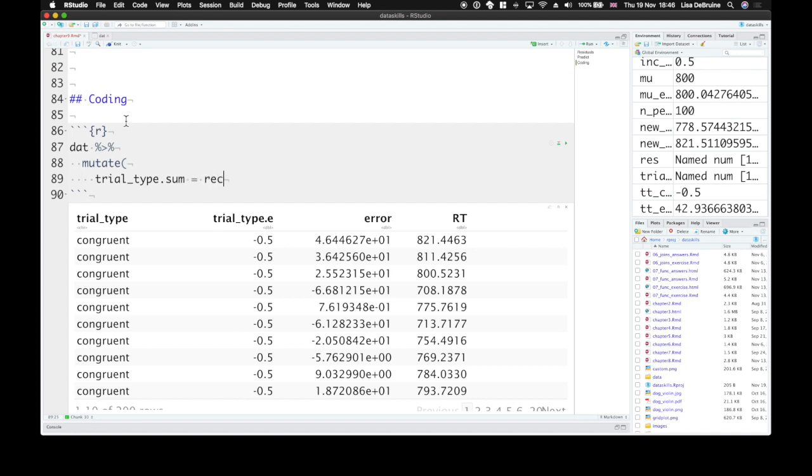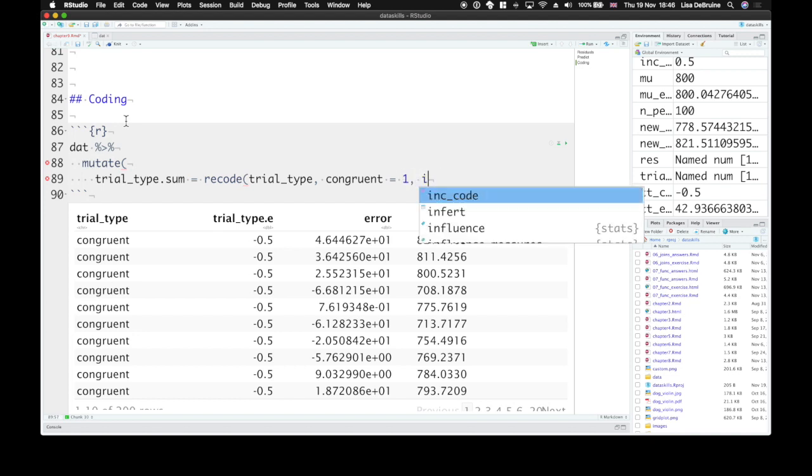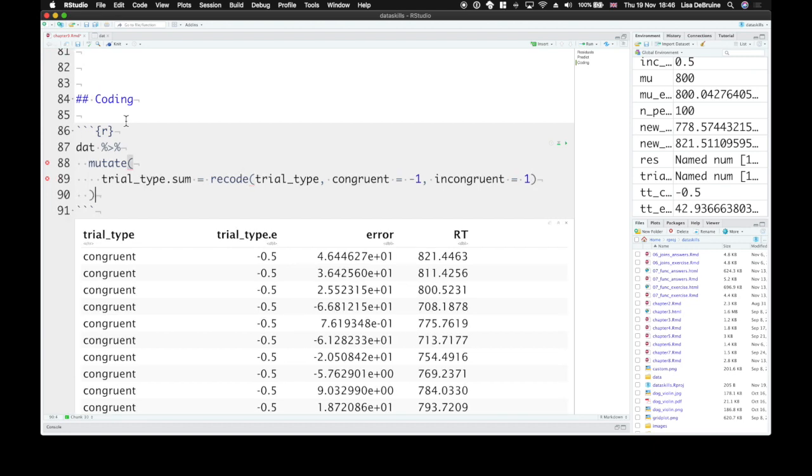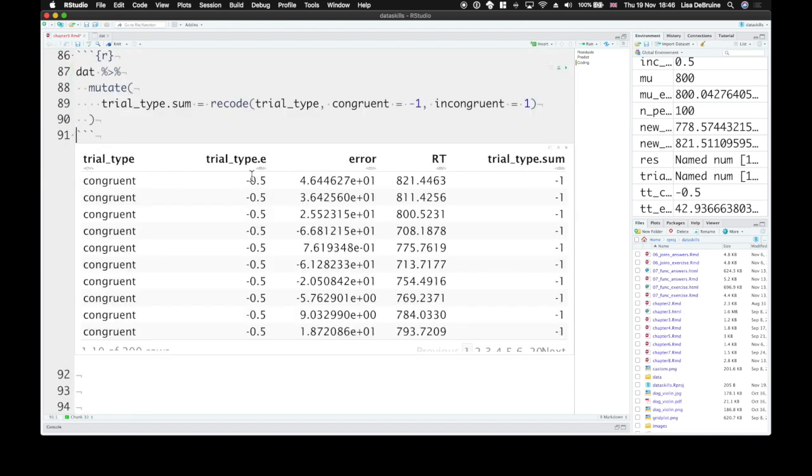We can use this recode function again, and we're going to recode the trial type column and make congruent equal to positive 1 or negative 1. Since we predict it'll be the smaller number, let's give it the negative code. And incongruent positive 1. So here, instead of negative and positive 0.5, we have negative or positive 1.